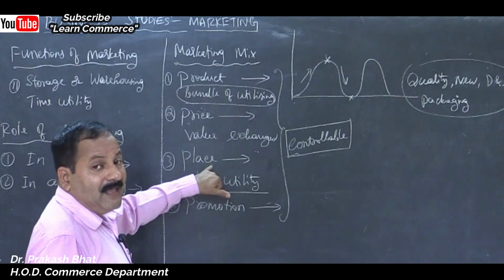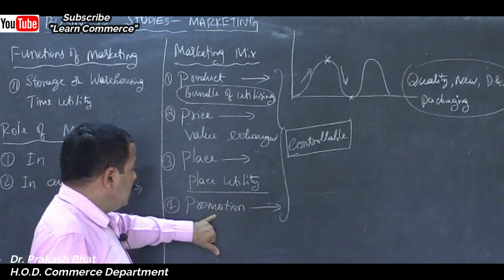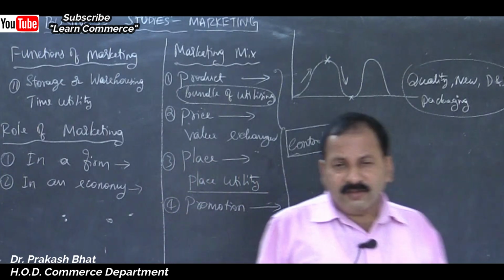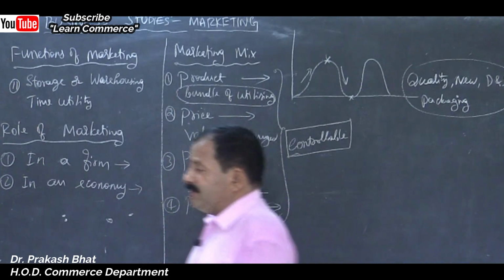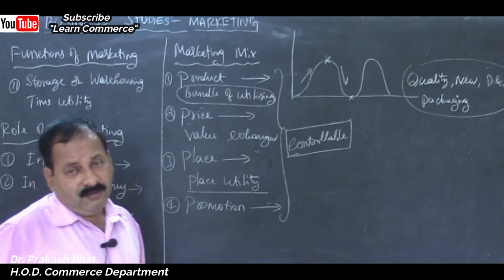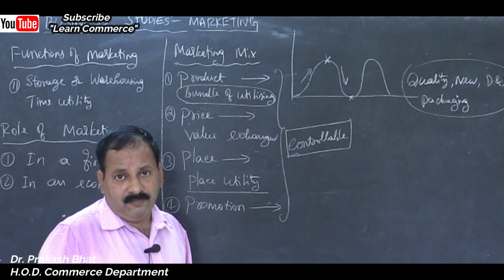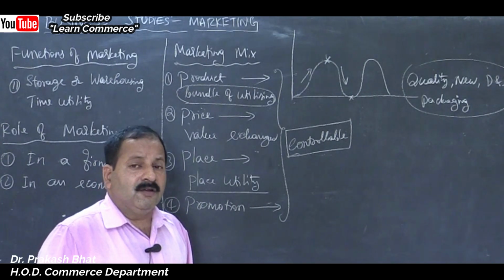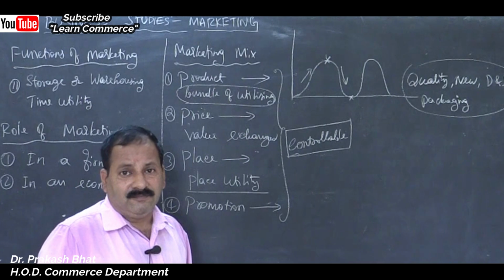Third marketing mix element. Then the last one is promotion. There are many promotional tools like dealer promotion, sales promotion, sales force promotion, isn't it? Salesmanship or personal selling, isn't it? Or even advertising.